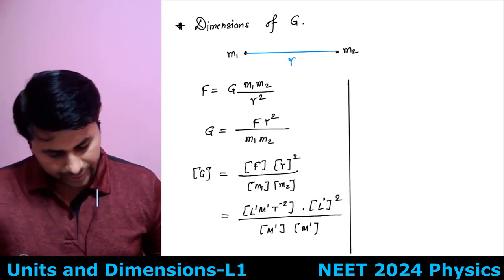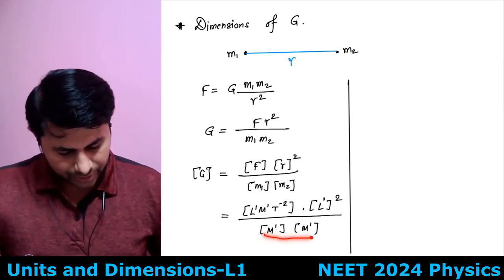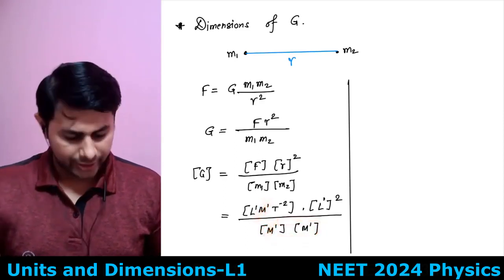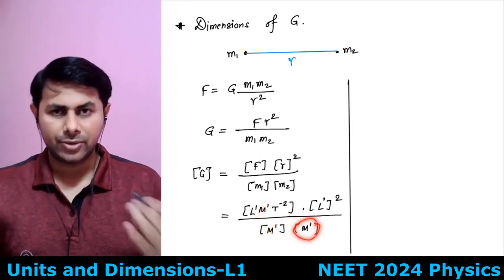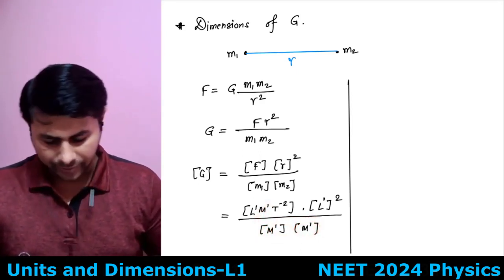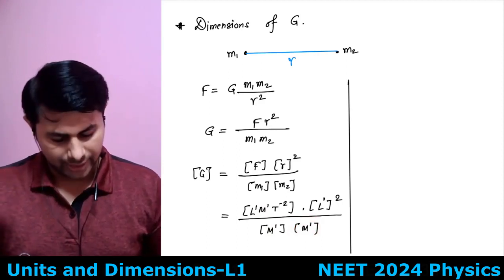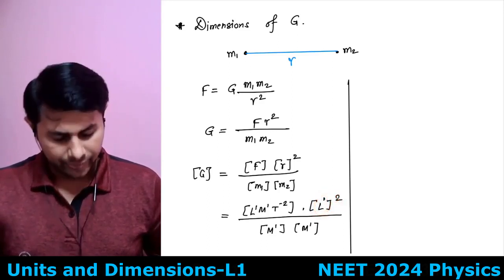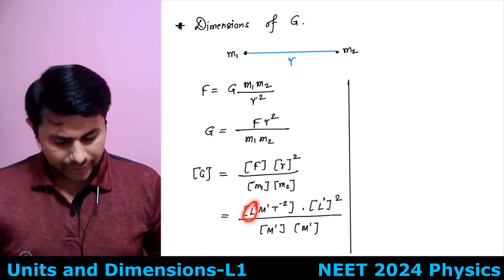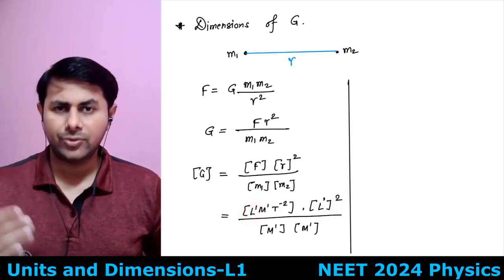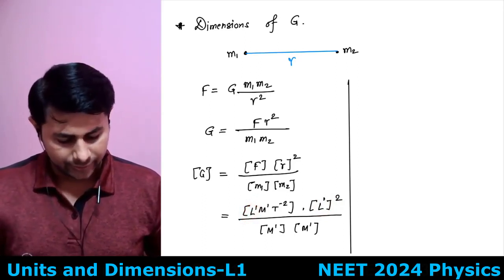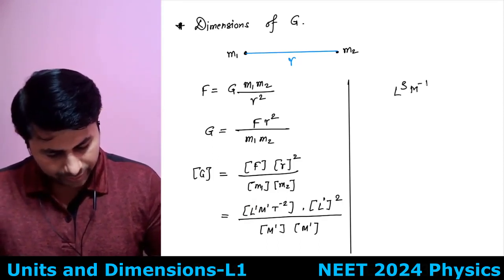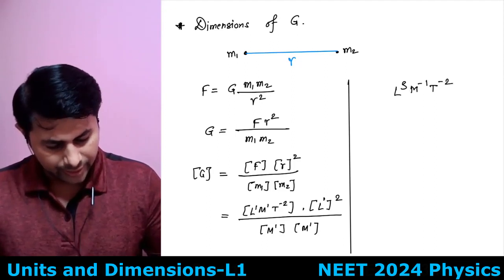I can cancel out one M raised to 1 from the numerator, and then take the other M raised to 1 to the numerator, where it becomes M raised to minus 1. After that it is L raised to 1 squared, that is L raised to 2, and again I have L raised to 1, so it is L raised to 1 plus 2, that is L raised to 3. So it's L raised to 3, M raised to minus 1, and T raised to minus 2.